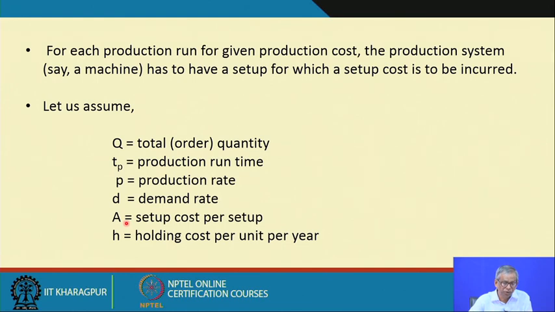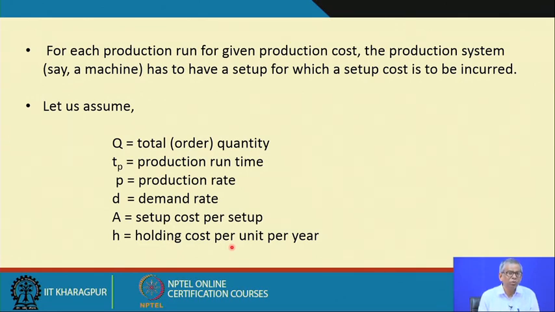Capital A is the setup cost per setup. So there must be a good estimate for this one, and small h is the holding cost per unit per year. That means it is in absolute terms.